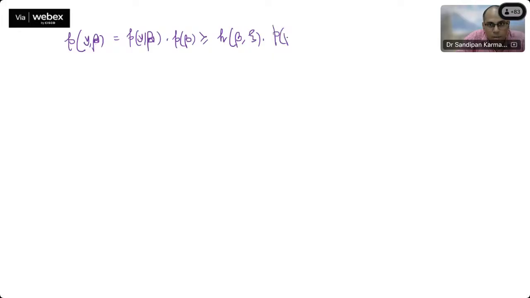Now we are writing p of y, beta, that is the joint distribution, equal to p of y given beta multiplied by p of beta, which is greater than or equal to a new function. I'm having a new function for that likelihood instead of the original likelihood. So h of beta comma xi multiplied by p of beta.